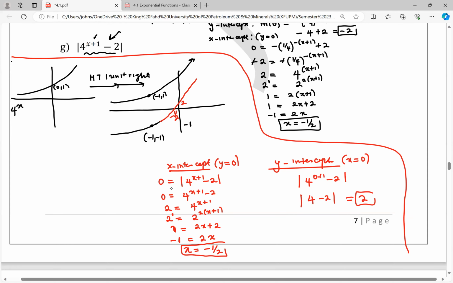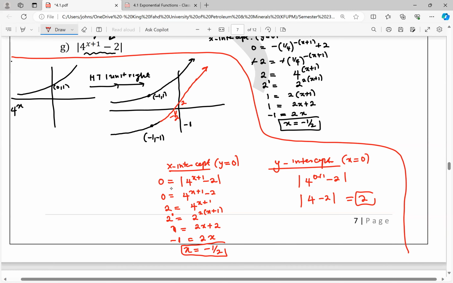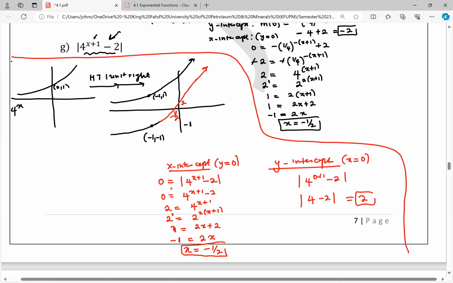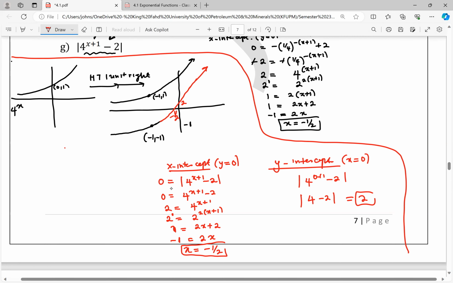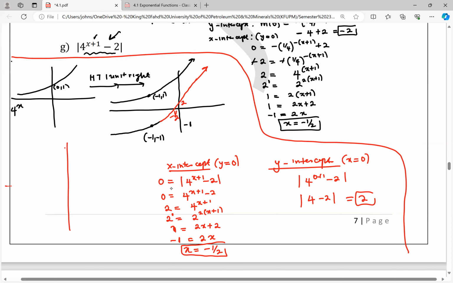Now we know, but now what do we need to do? We need to use the absolute value. Now, what does an absolute value mean? Remember, in this case, everything is inside the absolute value. So we know that the absolute value cannot be negative. So this is what we have. Let me draw it here.